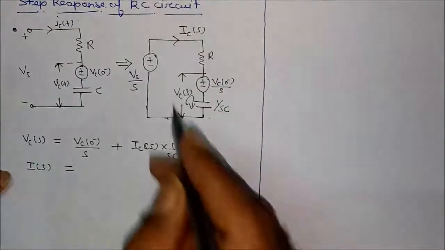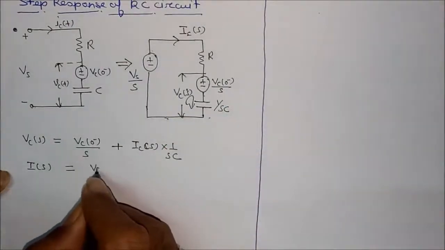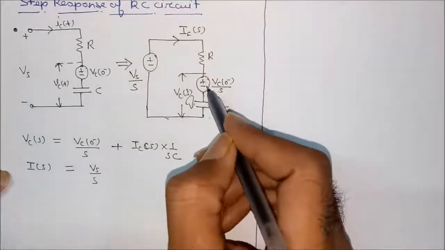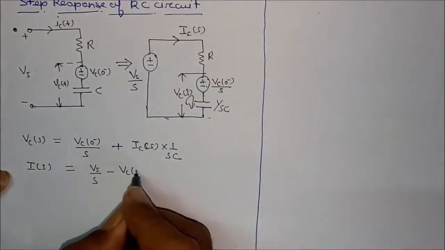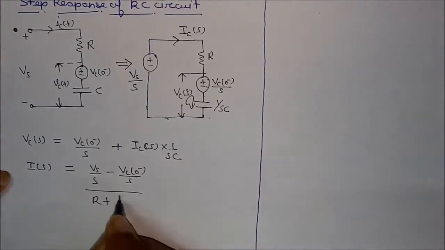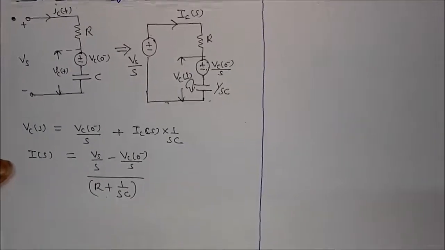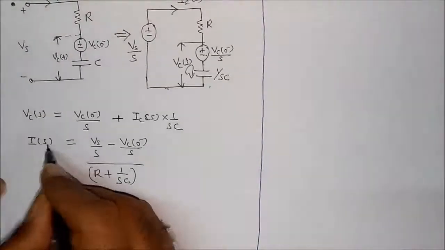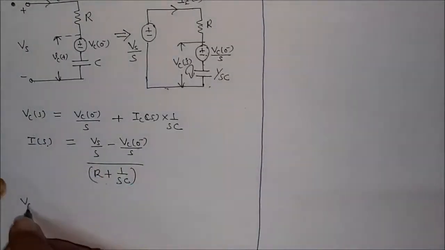So what can I write? Vs by S minus this voltage Vc0 minus divided by S, divided by R plus 1 by SC. This is Ic(s). Now put this value into this expression. What will I get?